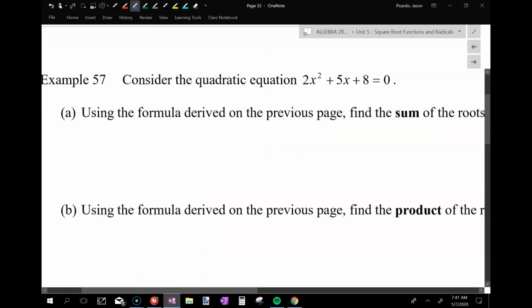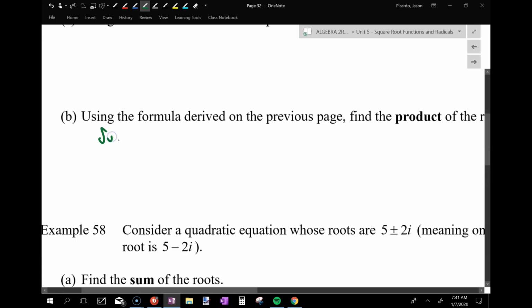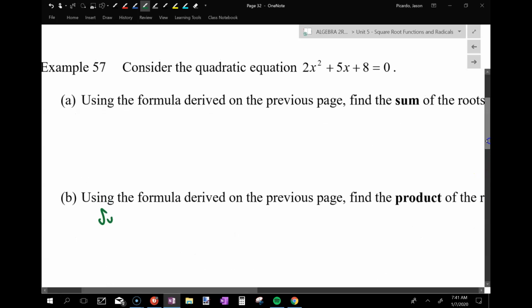Well, here's what I'm going to do. To find the sum of roots, instead of taking those two really, really complex solutions and adding them together, it would be sort of a nightmare.